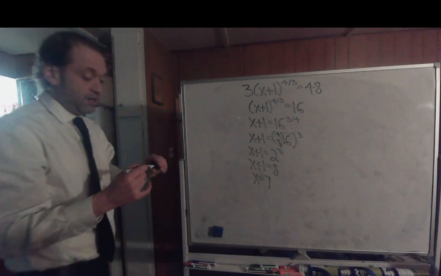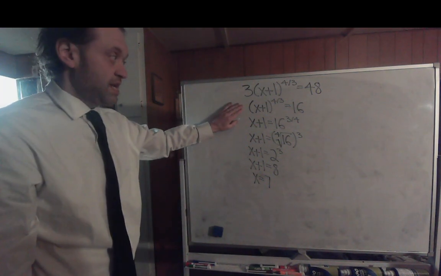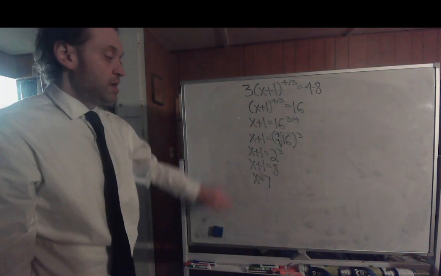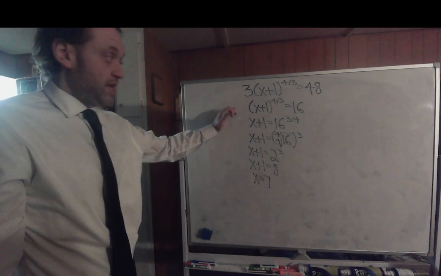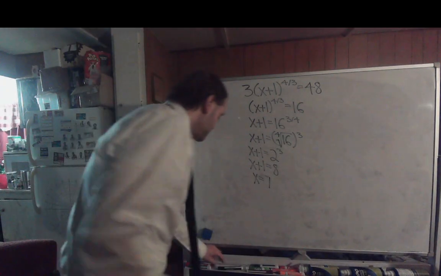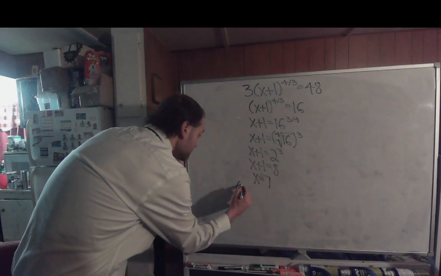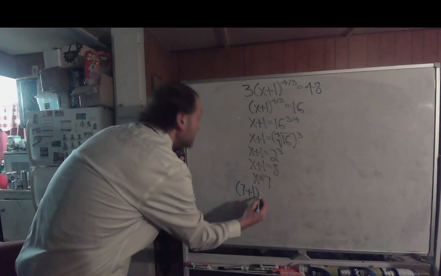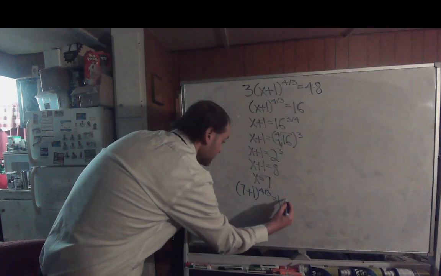But does that hold up? You can put it into your second step here, because you just divided both sides by 3 and simplified a little bit. So let's do our check here. 7 plus 1 raised to the 4/3 equal to 16.